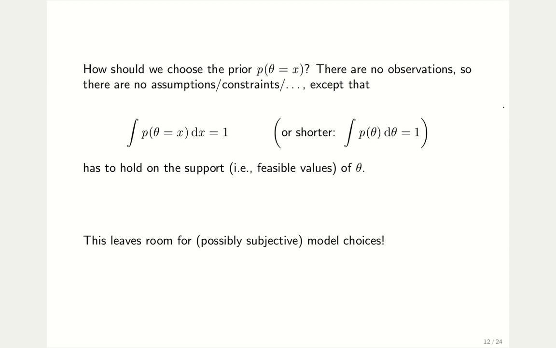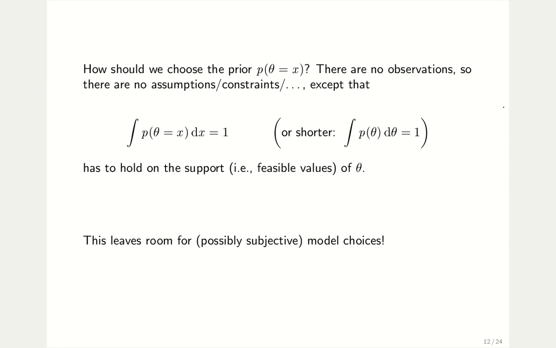So we have established a connection between the likelihood that we've been using previously and the posterior distribution, which is of interest for us now. And the link between these two is the prior distribution. And the prior distribution is part of our model. So we get to choose the prior. And the point of the prior is that we have to choose it without looking at observations.